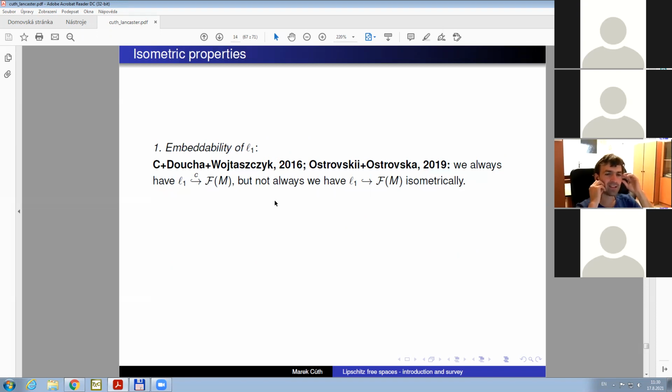So one might investigate this direction of research and consider other properties of little or capital L1 and try to see whether a Lipschitz-free space inherits some properties of those spaces, at least in some cases. For example, concerning embeddability of little L1, we always have little L1 complementably embedded in F(M), but not always do we have little L1 isometrically embedded in F(M). So one can investigate a quantitative version of this positive result.